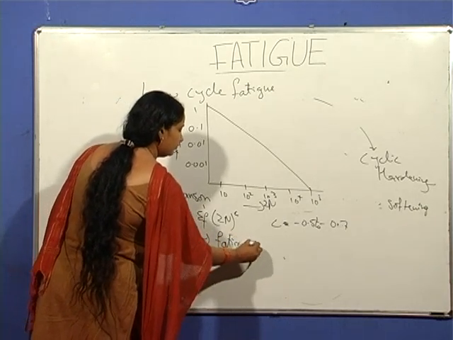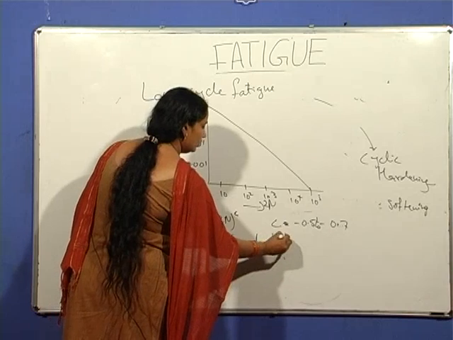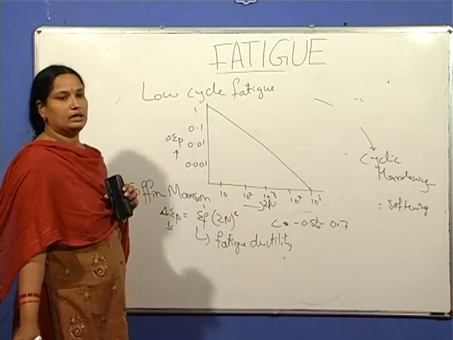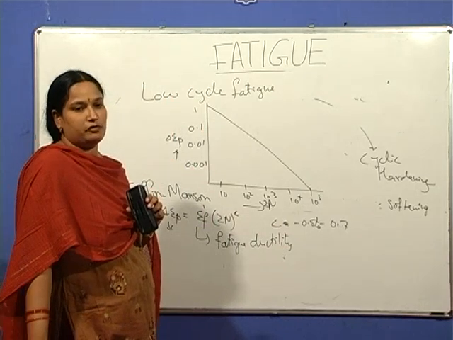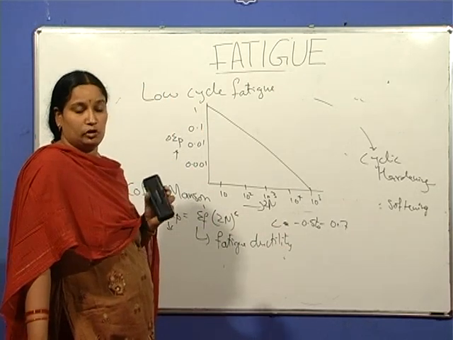epsilon prime f is the fatigue ductility coefficient, which can be related to the fracture strain in the case of monotonic tensile strain.